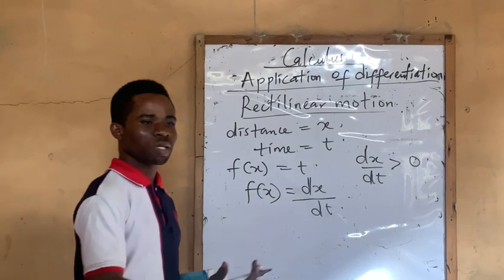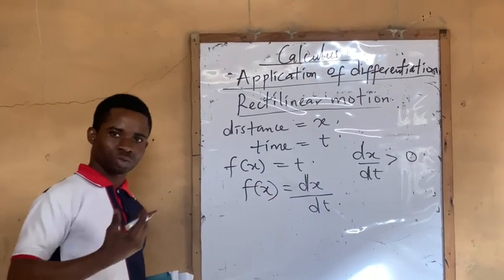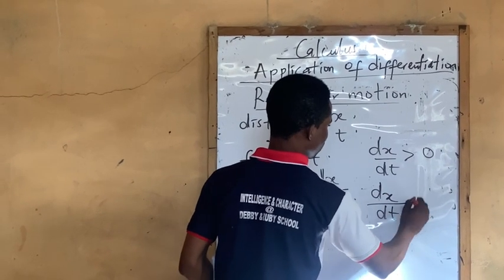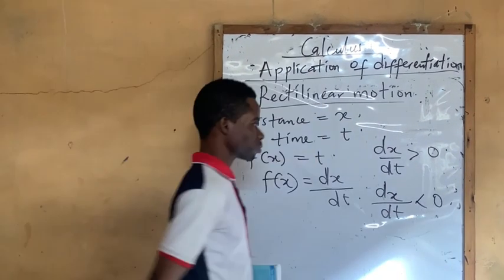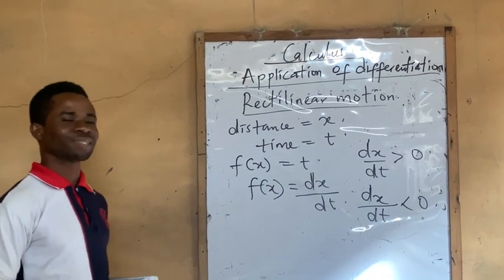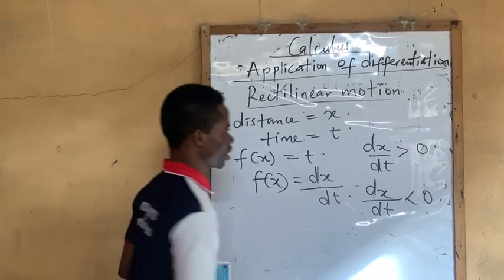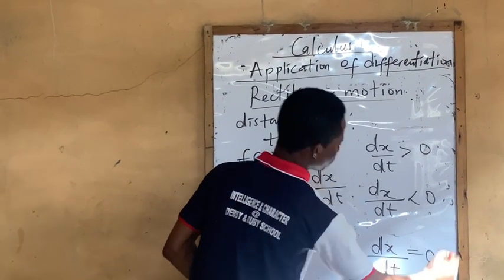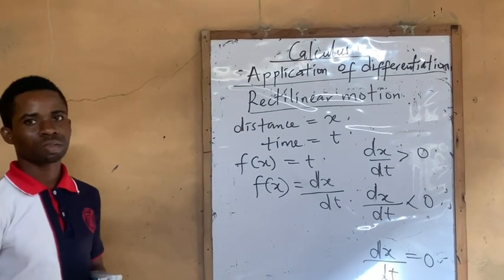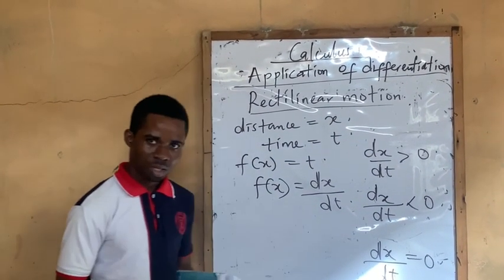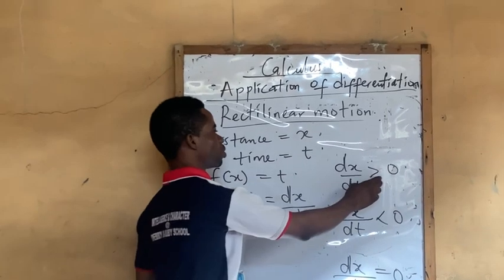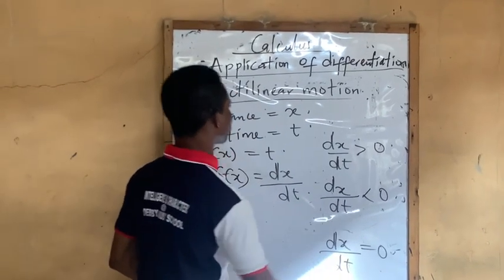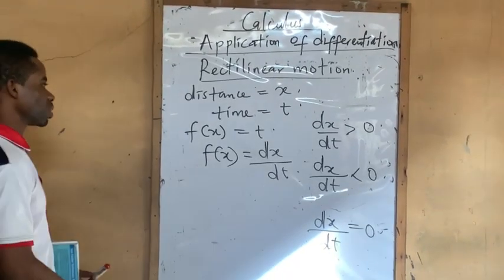If an object is moving towards rest, dx/dt is less than 0. But if an object is at rest, dx/dt equals 0. So these are the three. Moving away from rest, it is greater than 0. Coming to rest, it is less than 0. At rest, it equals 0. That is for the distance.